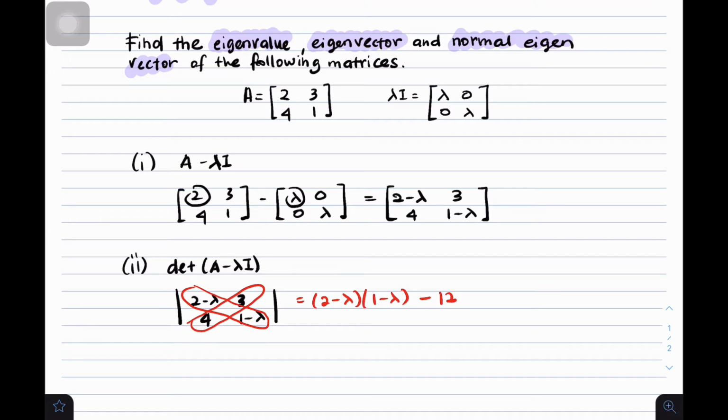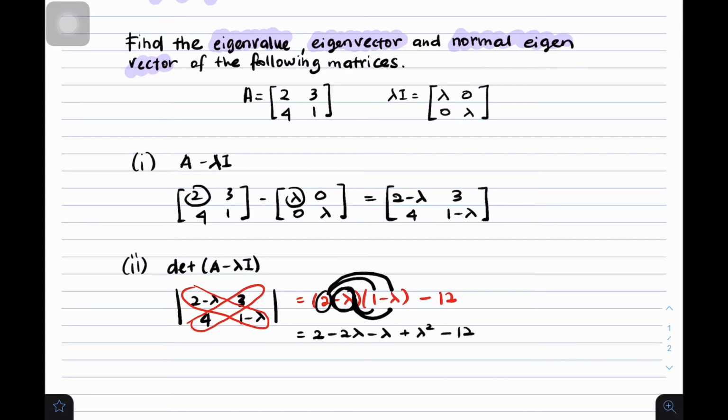So let's expand this equation. We have 2 times 1 gives 2. 2 times negative lambda gives negative 2 lambda. Negative lambda times 1 gives negative lambda. Negative lambda times negative lambda gives positive lambda square, minus 12.